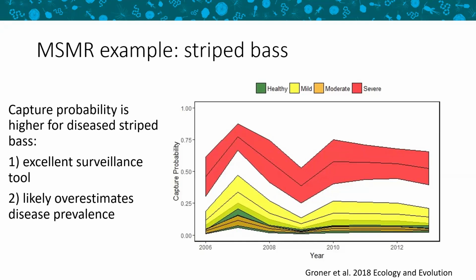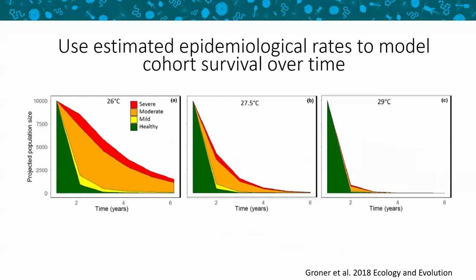We can also take the parameters from this model and create a mathematical model to look at the cohort survival over time. So in this case, we're taking 10,000 striped bass, and we're just projecting their population, not adding any individuals, but just what is the fate of these 10,000 fish over time at 26 degrees, 27.5, and 29 degrees Celsius.